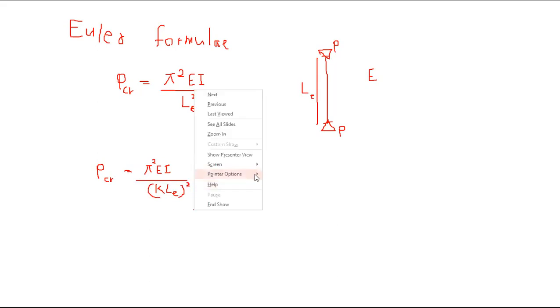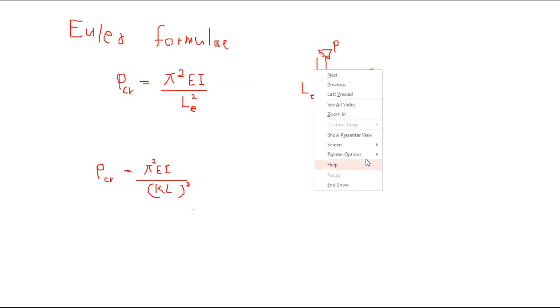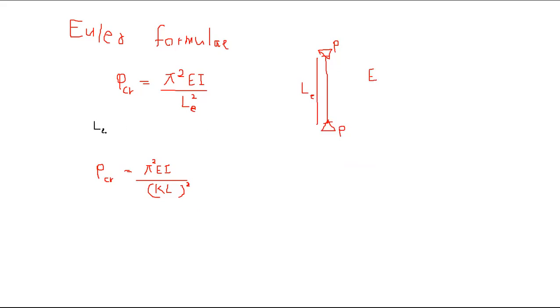So in that case, we don't actually need LE; K times L is the effective length, right? So this LE can be written as K times L. How is it possible? Depending on the end condition.